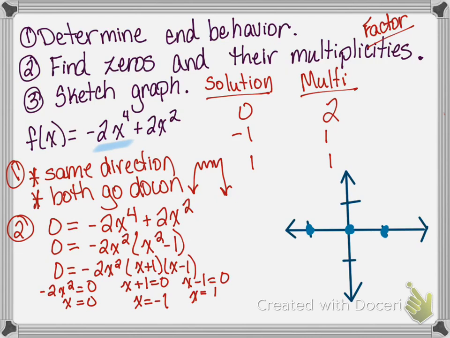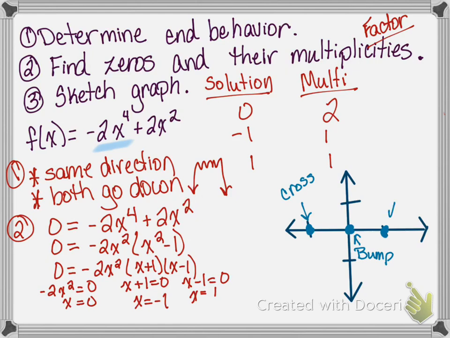Here, am I crossing or am I bumping? At negative 1, do I cross or do I bump? Cross. At 0, what happens? I bump. That just means I change direction. I don't cross.